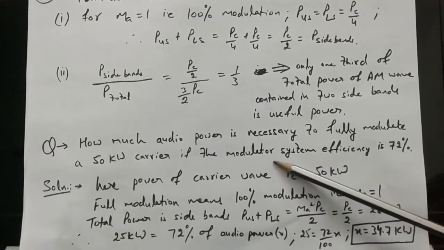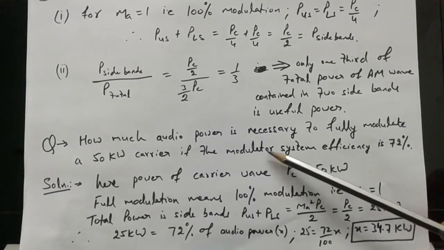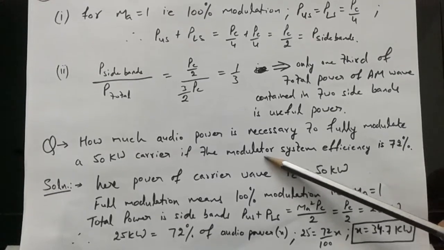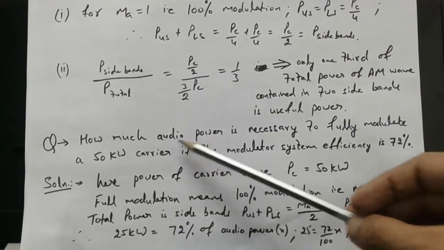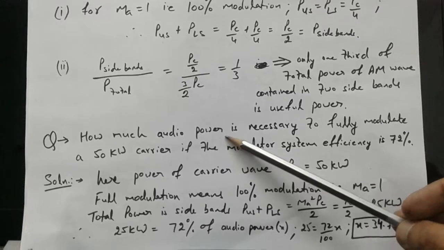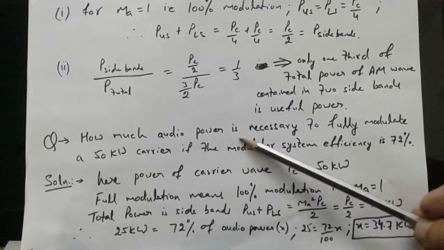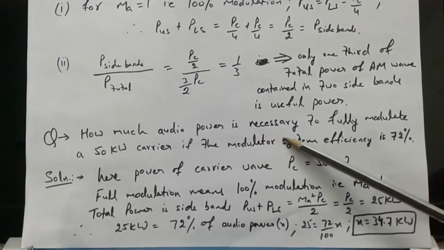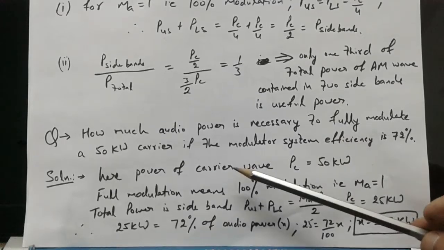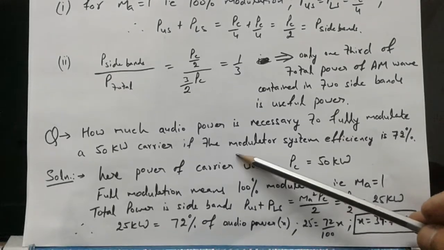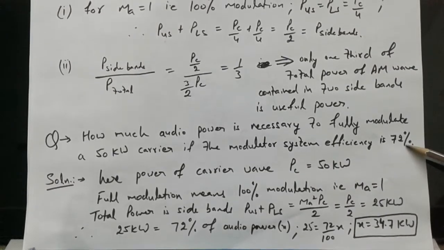One numerical, if we discuss, here we have an audio power and we want to find how much audio power is necessary to fully modulate a 50 kilowatt carrier if the modulator system efficiency is 72%.